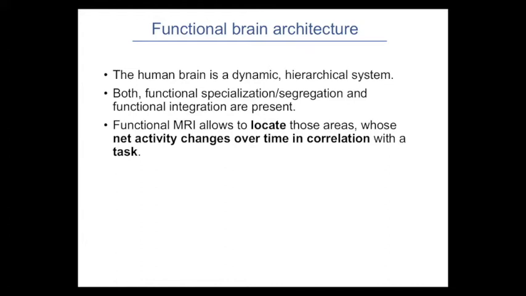Only areas where you modulate the activity can you pick up in an fMRI experiment. The other important thing is that this is in correlation with a task, be it an external task or intrinsic and resting state. So there's no definite causal inference for every signal you measure. That has to come from your experimental design. Everything we measure is just a correlation in the first step, and then you have to make sure that it actually means something and it's not just coincidence.